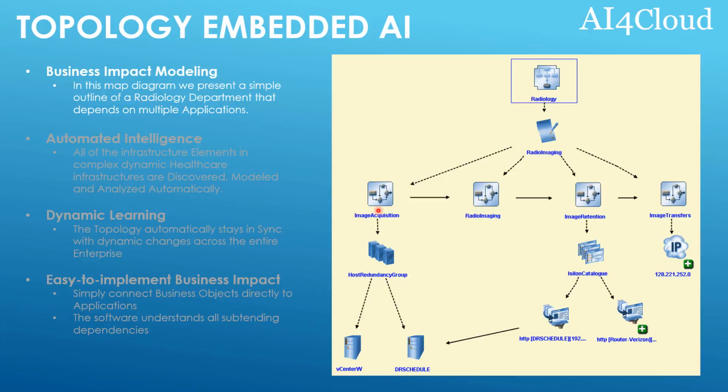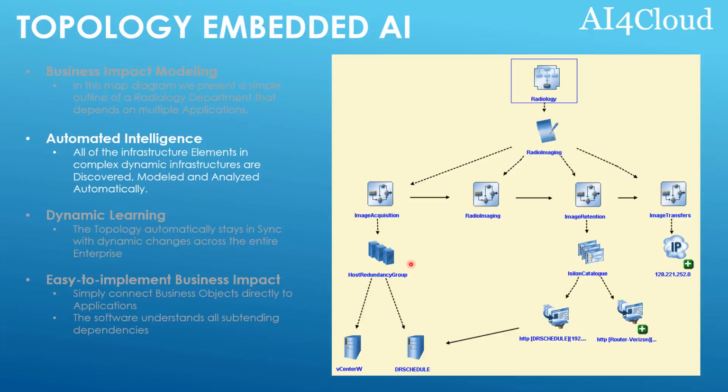These business processes are dependent one on the other from a business process point of view, but they're also dependent on underlying application-specific services delivered by the underlying infrastructure. For example, these redundant servers that provide image acquisition, or say a web-based image catalog service, or even a set of IP elements specific to secure image transfers.